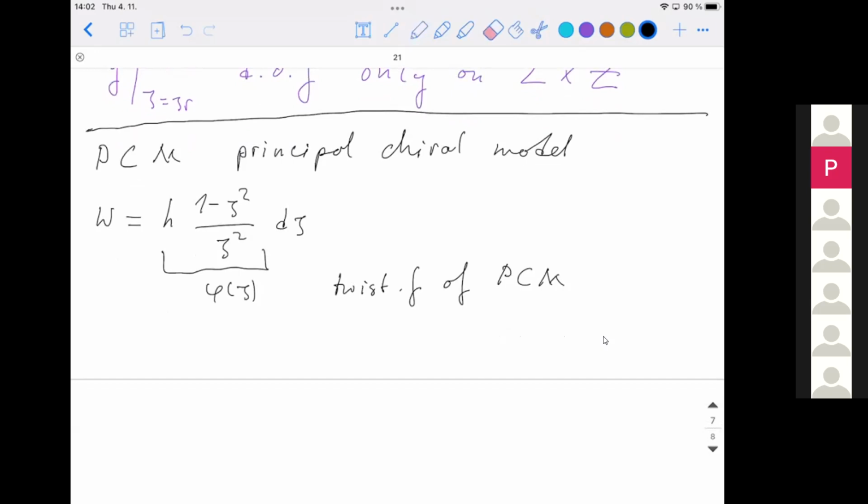So the point here is just to prove that this approach can produce PCM.